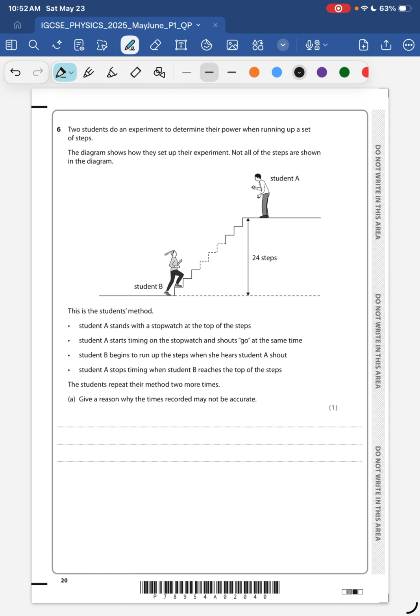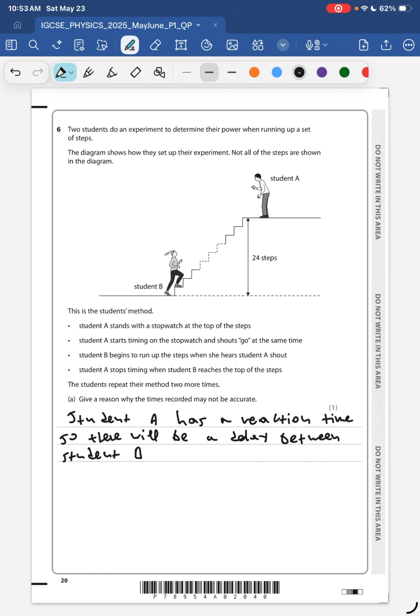So reaction time is the answer, I guess. Student A has a reaction time. So there will be a delay between student B reaching the top and the stopwatch being stopped.